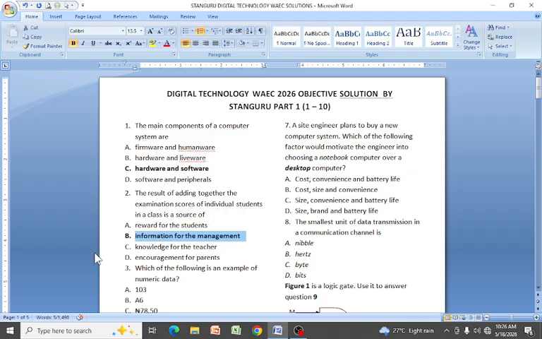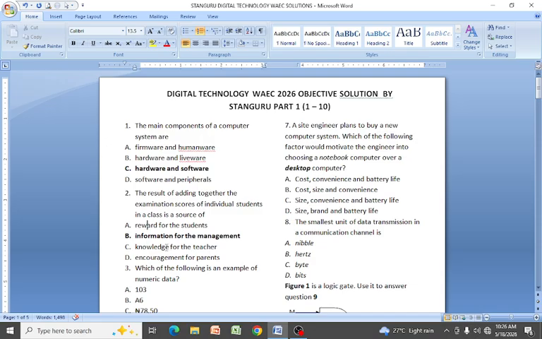When we talk about data plus processing, what does it give us? Information. So if you look at the question, processed scores become useful information in the school. So the correct answer is B. Why is option A not correct? Because reward for the students is not the purpose of processing a score.